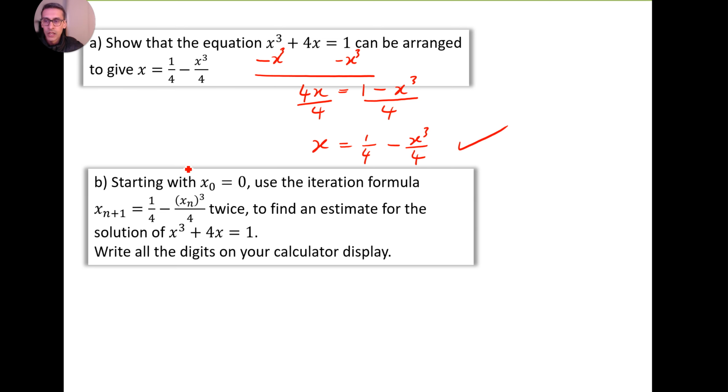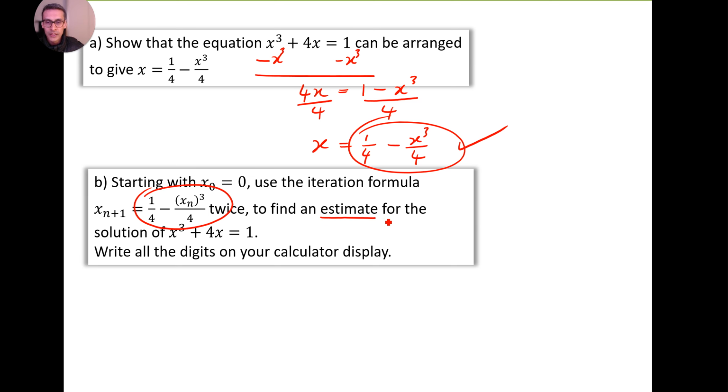There's your answer. Now, starting with x naught equals 0, and you're always given the starting number, use the iteration formula given. That formula is basically the one that you've rearranged. It's the same formula. That's not a coincidence. It's practically always going to be the case in these types of questions.